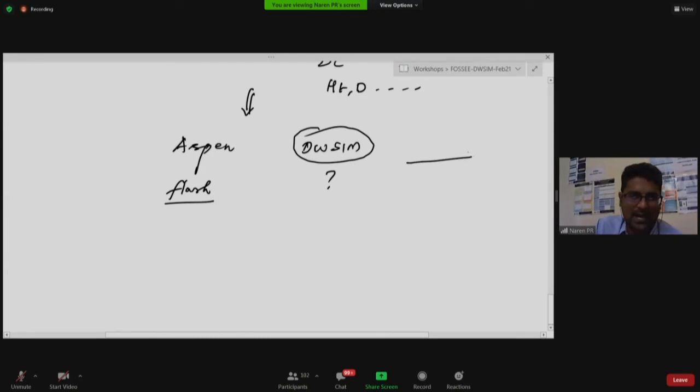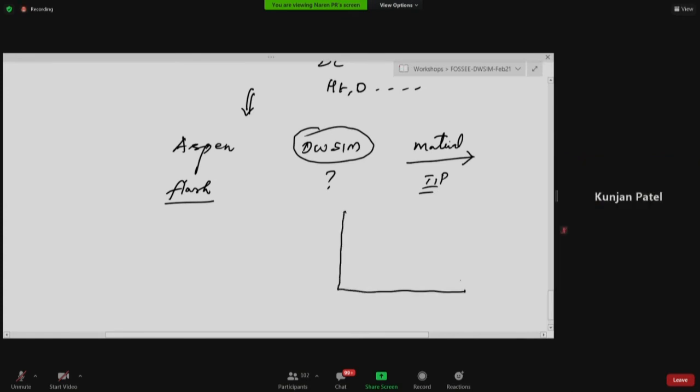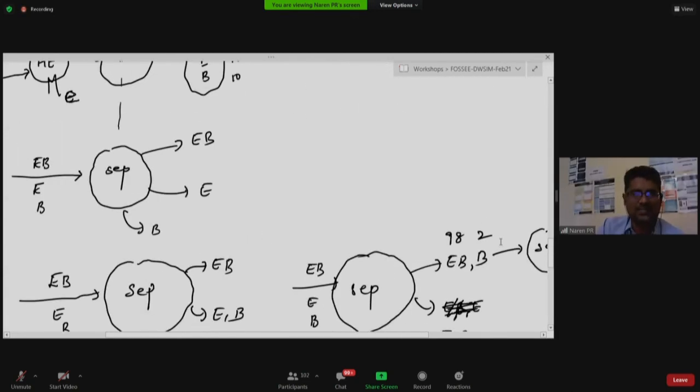You only need to add a material stream, right? And if you just change the temperature and pressure or the other combinations, as you might see in the tutorial, you can indeed generate the information that we are talking about here.